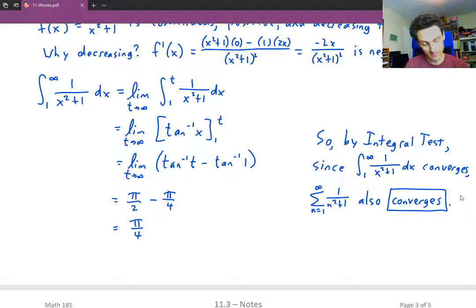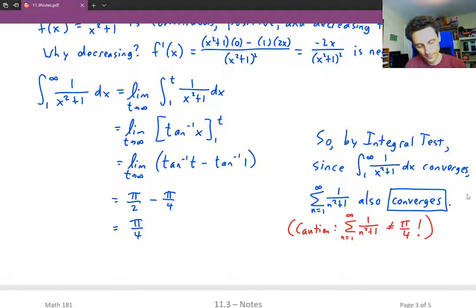In fact, it's almost guaranteed not to converge to pi over 4. So we'll put a caution that the series does not converge to pi over 4.